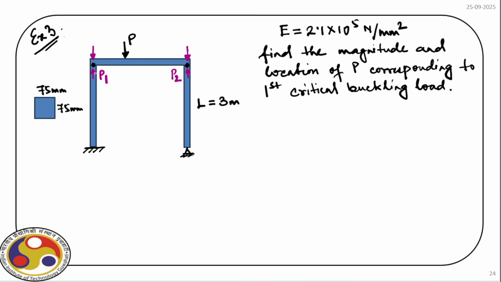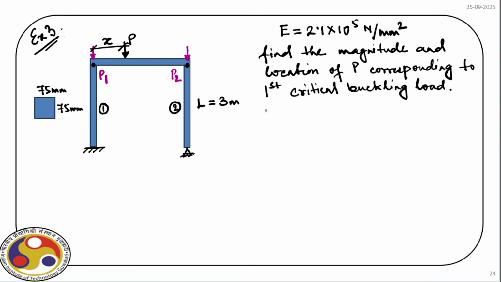So let us mark the compressive load only. Now for this problem we have two different columns, one here and second one here, and because the beam is massless, the weight of the beam will not come to the column. Let this distance be x. So we'll find out the distance x and also the magnitude P.